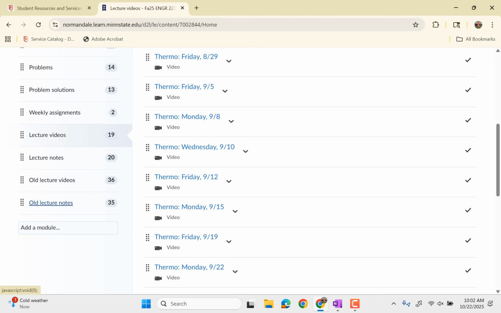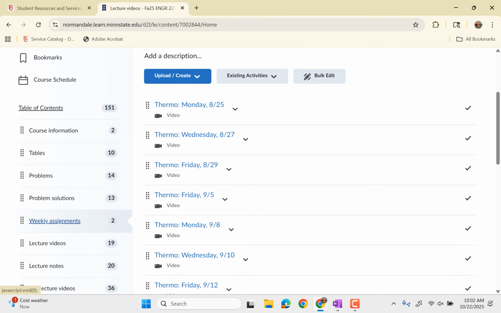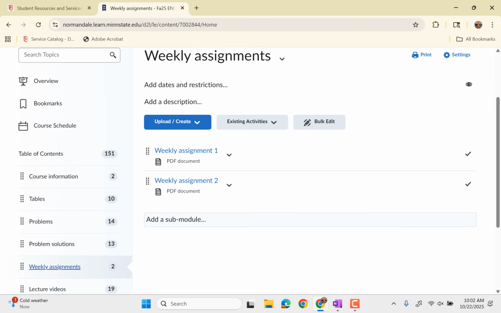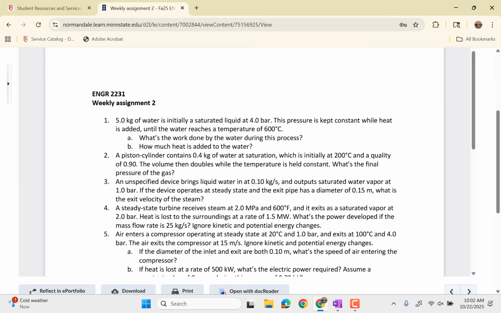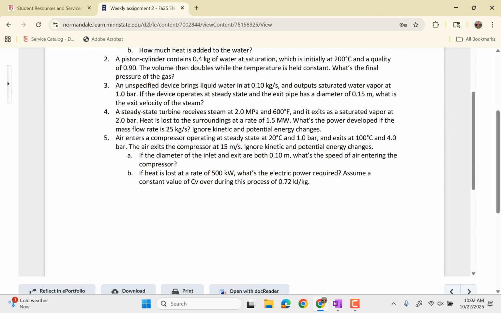Can we do the full problem 5 then? Please? Well, yeah, I can talk about it a little bit. I'm not going to do the whole problem. Okay, so we got a compressor. It gives you a pressure and a temperature at the inlet, temperature and pressure at the exit.